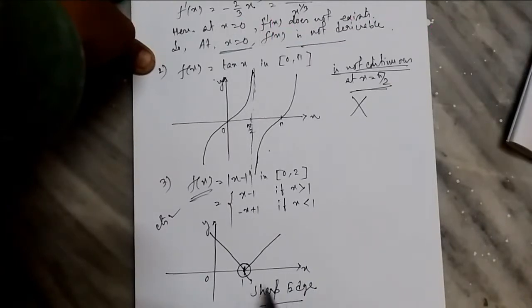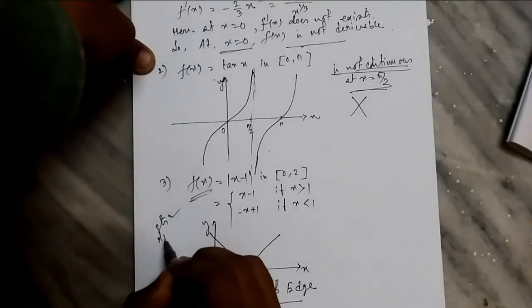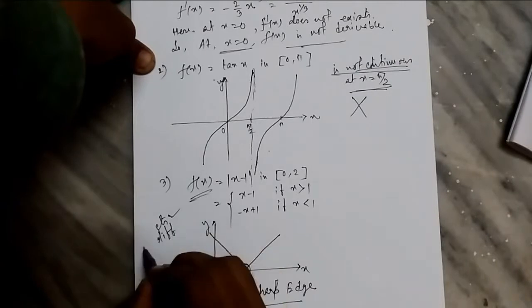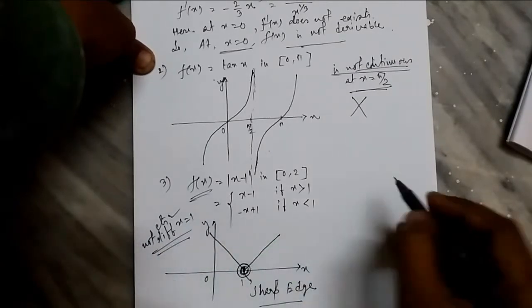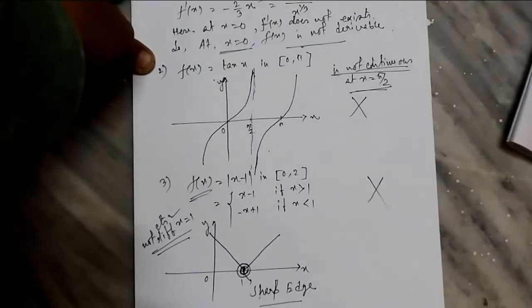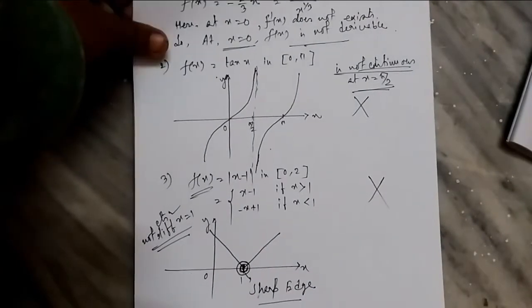That means this function does not have a derivative at that point, so it is not differentiable at x equal to 1. So this function is not applicable for Rolle's theorem.